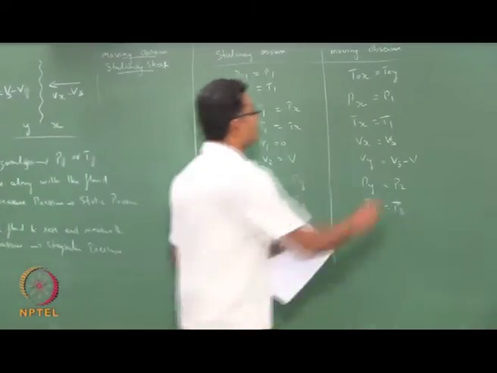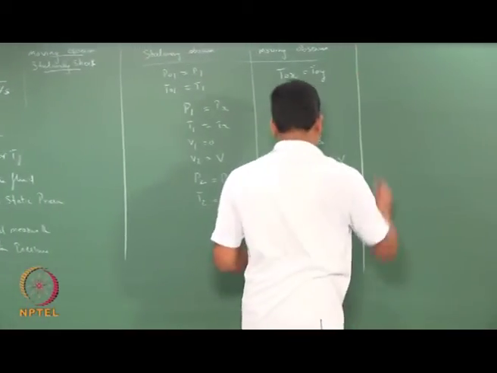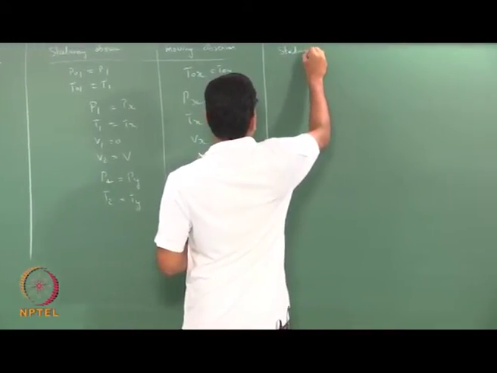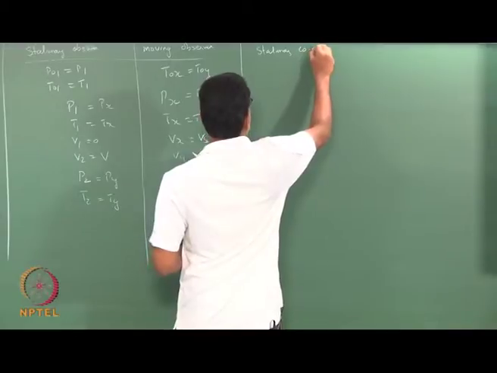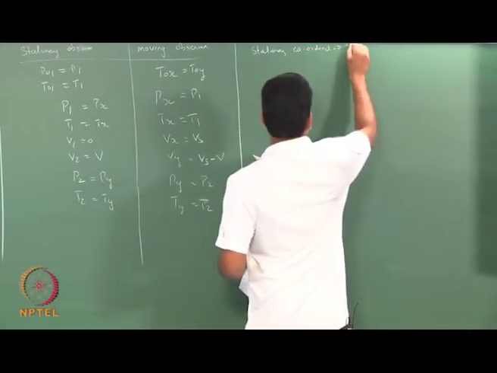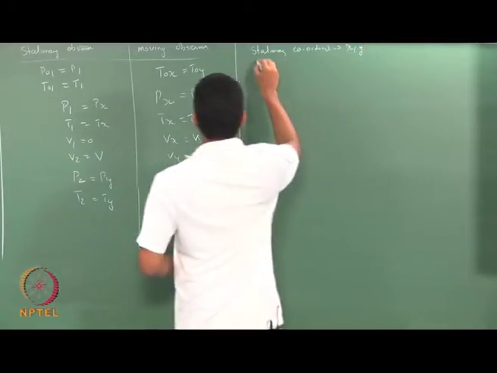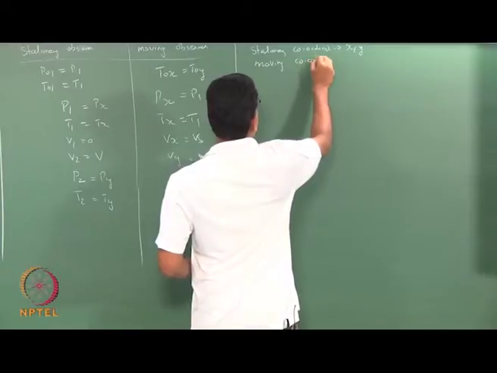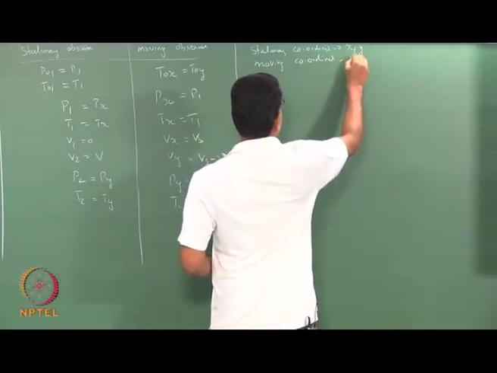So, the notation I would again rephrase it here. So, stationary coordinates or observer, I have used x and y, and moving coordinates I have used 1 and 2.